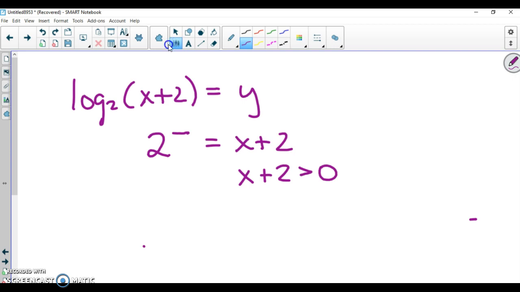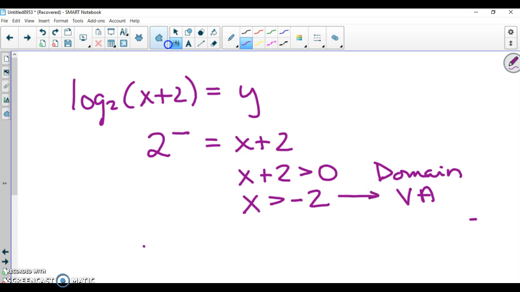So when we talk about restrictions, we're talking about domain and we're talking about vertical asymptotes. So we see from this first part of the problem that x is greater than negative 2. Domain is all values greater than negative 2, and at negative 2 we are undefined and we have a vertical asymptote.